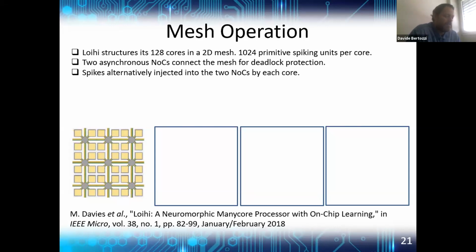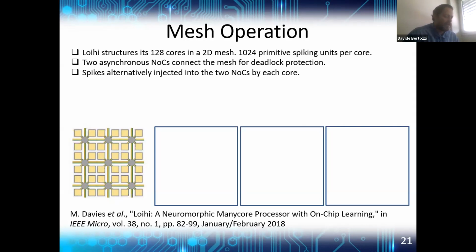But this is possible only because the computational model, the spiky neural network, does not depend on the spike sequence ordering within a time step. Within a time step of the SNN algorithm, the computation does not depend on the spike sequence ordering, and that's why this alternated injection into the different NoCs is feasible.